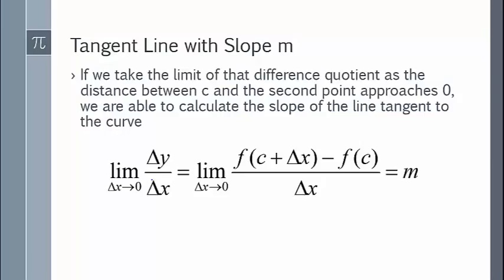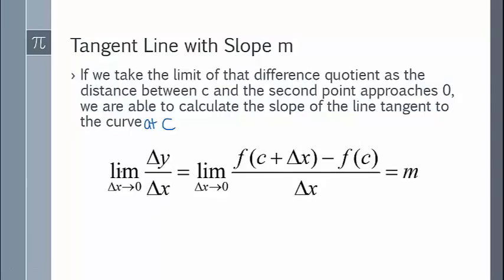So if we take the limit of that difference quotient as the distance between that fixed point C that we're trying to get the slope of, and the second point that we drew a secant line with, as that distance gets closer and closer to 0, we can figure out the slope of the line tangent to the curve at C. Okay? And here's the definition of it. So we're saying the limit as delta x approaches 0, which is the distance between the 2 points of my secant line.